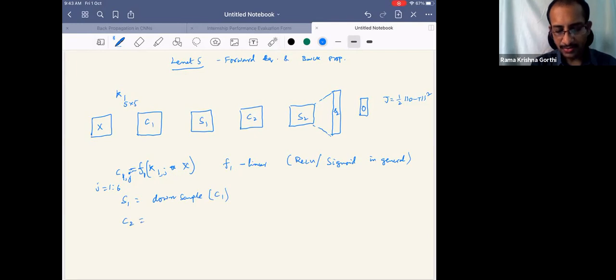Again C2. How do I write C2? How many maps are there in S1? 6, so j goes from 1 to 6.